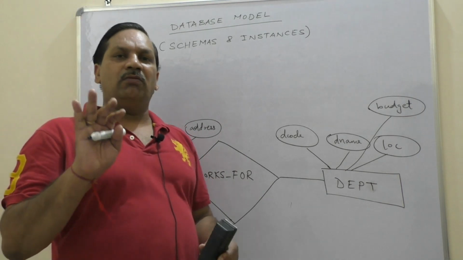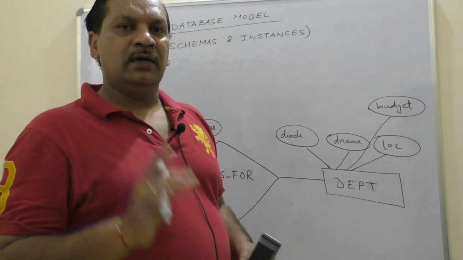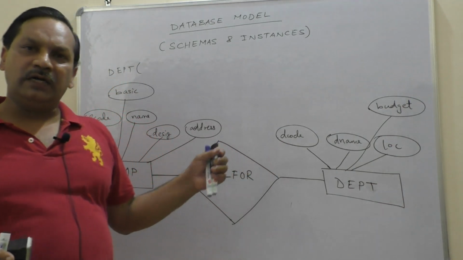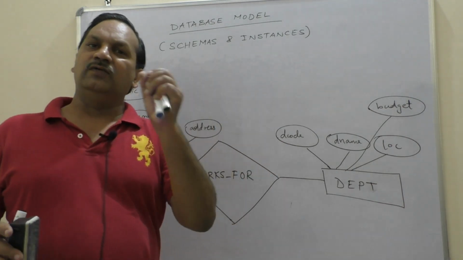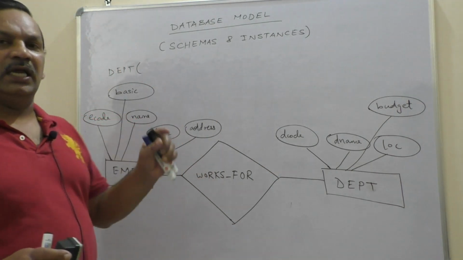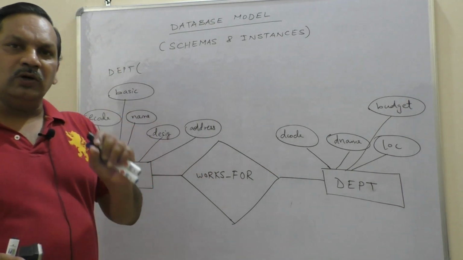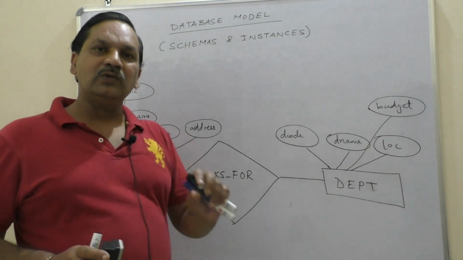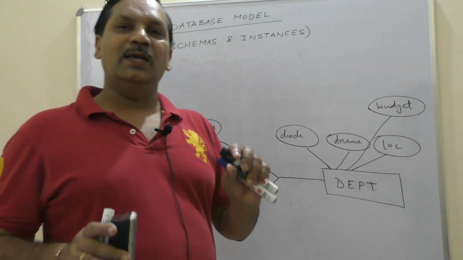Amit Kumar is a common name, but whether I have 20, 30 or even 50 in the university, no two Amit Kumars will have the same roll number. So no two students in a university have the same roll number.